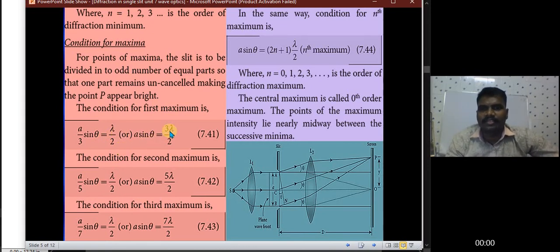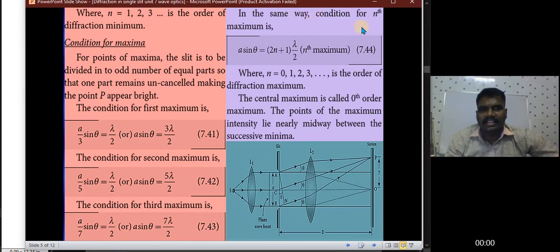So a sin theta is equal to 3 lambda by 2. The condition for the second maximum is a by 5 sin theta equal to lambda by 2, so a sin theta is equal to 5 lambda by 2. The condition for the third maximum is a by 7 sin theta equal to lambda by 2, or a sin theta equal to 7 lambda by 2.